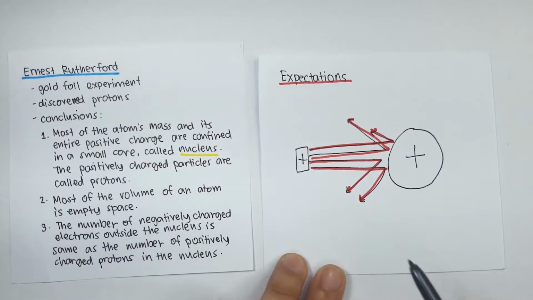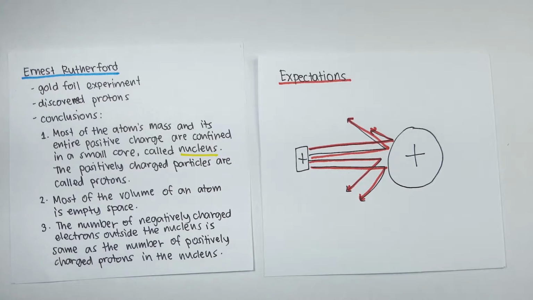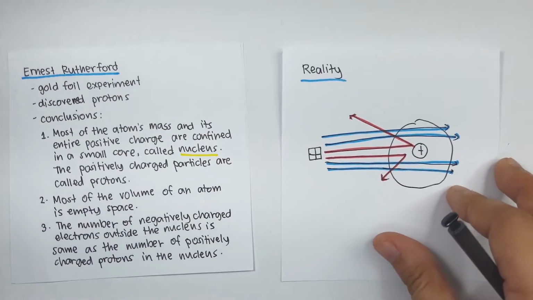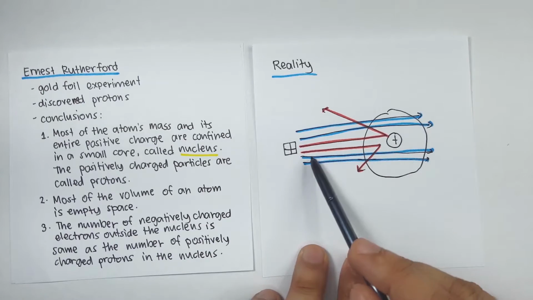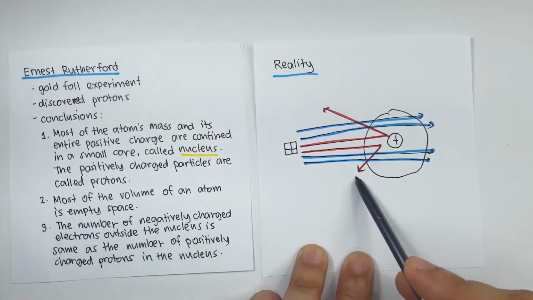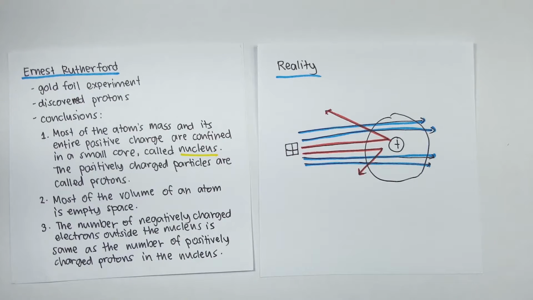Tama? Positive, dapat mag-repel. However, iba ang nangyari. Rutherford observed that most of the positive particles that he injected passed through while may konti na nag-deflect. So he came up with 3 conclusions.